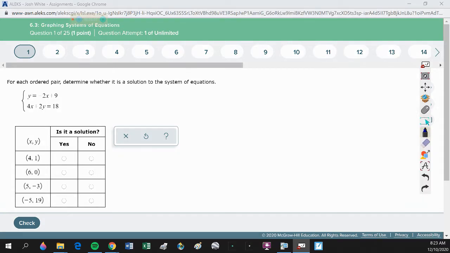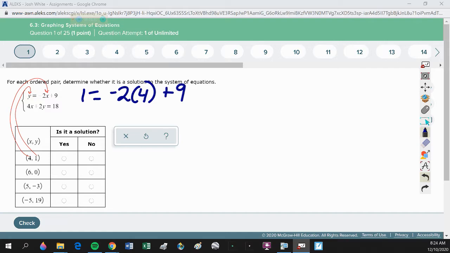What that wants to know is, if I put 4 in for x and 1 in for y, do I get a true statement? So 1 is equal to -2 times 4 plus 9. Is that a yes or a no?